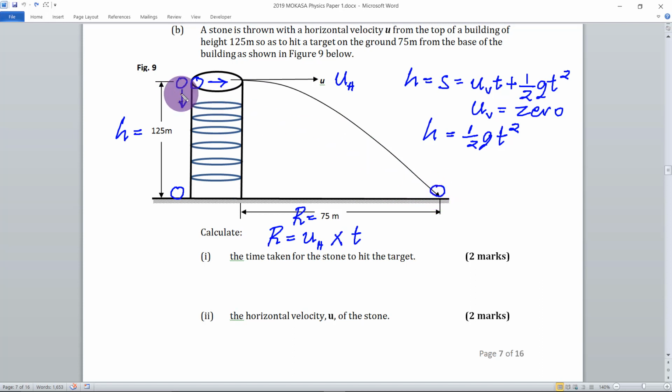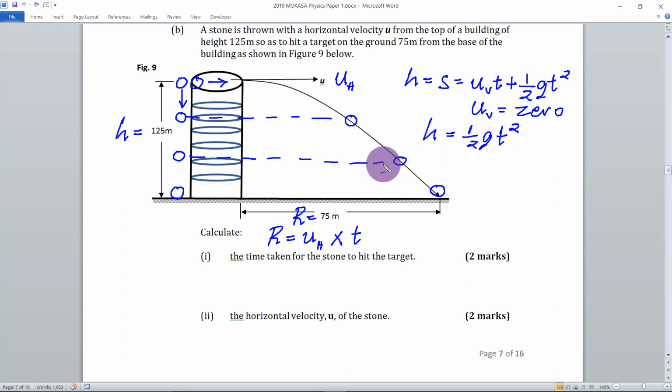That means when this one is released, when it's here, the one which was projected horizontally is here. When this one is at this point, the horizontal one is at that point. So they are at the same height all the time.